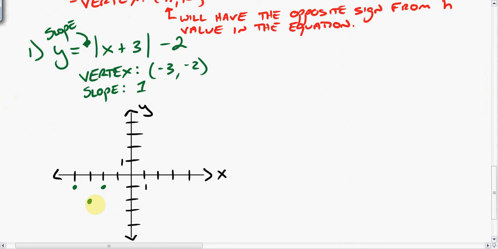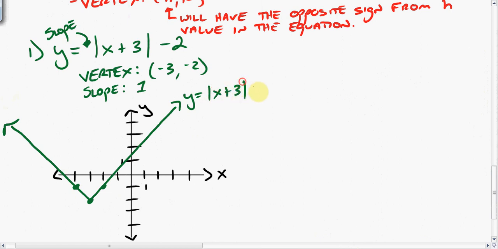Then you can simply take a straight edge and draw a ray going off in each direction from the vertex, passing through the point that you've drawn. And that's y equals the absolute value of x plus 3 minus 2.